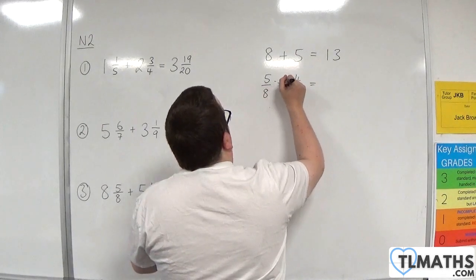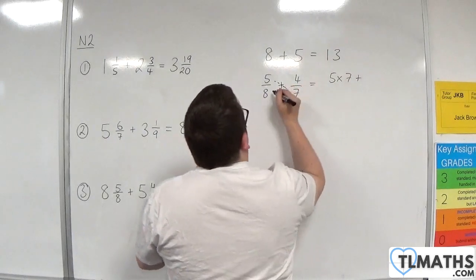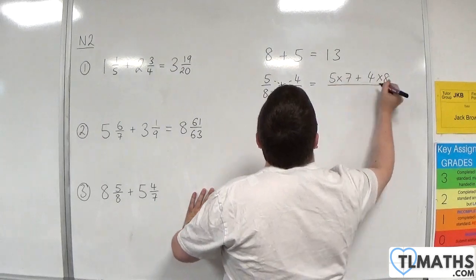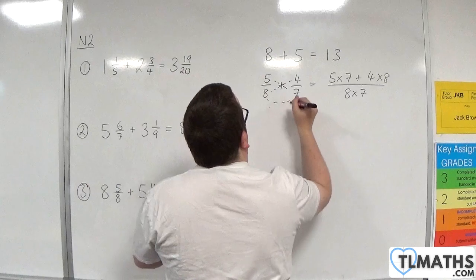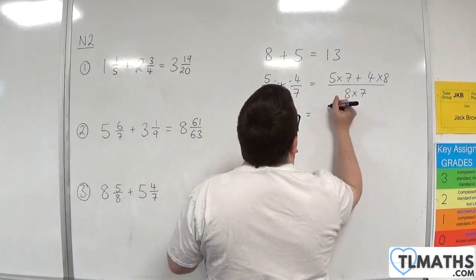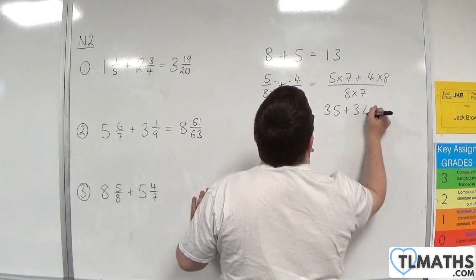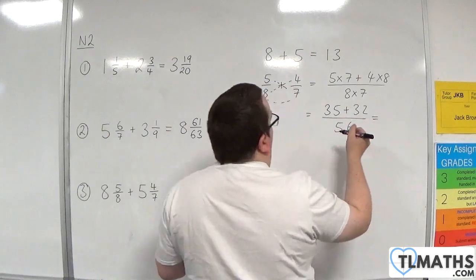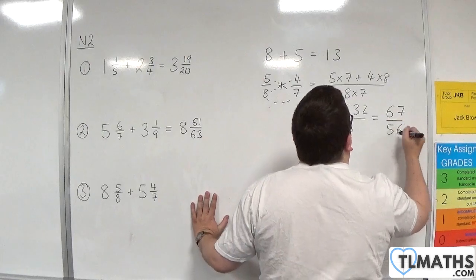So I'm going to use cross multiplication. 5 times 7 plus 4 times 8 over 8 times 7. So 5 times 7 is 35. 4 times 8 is 32. 8 sevens are 56. So we've actually got 67 over 56.